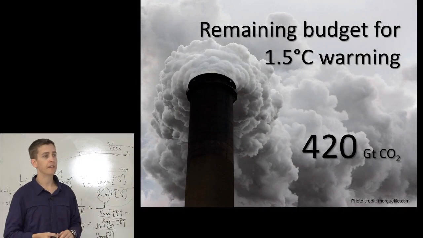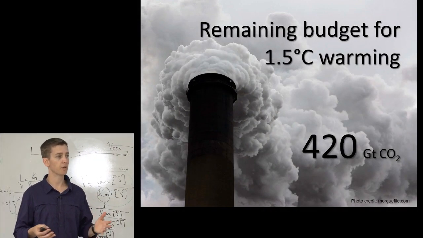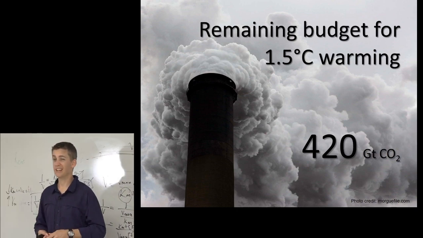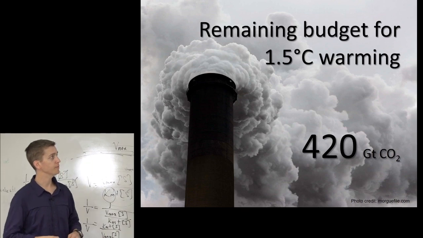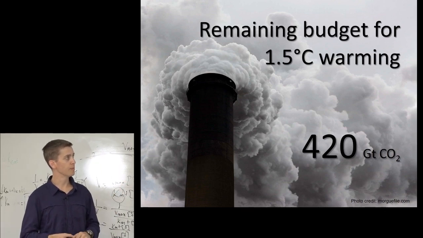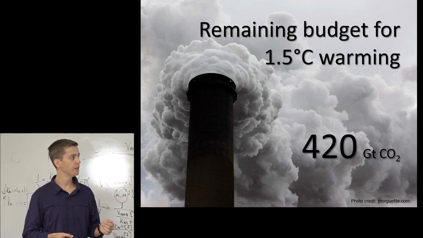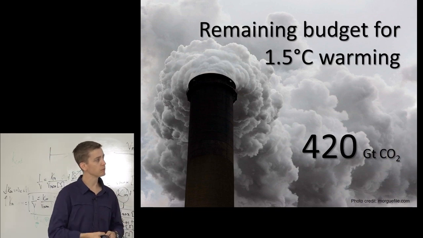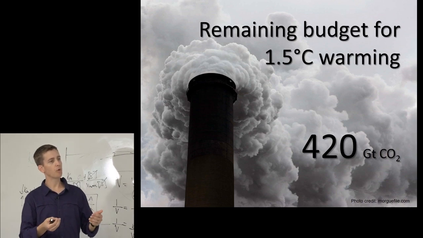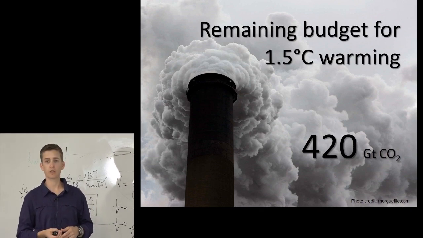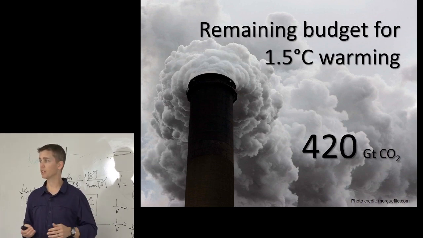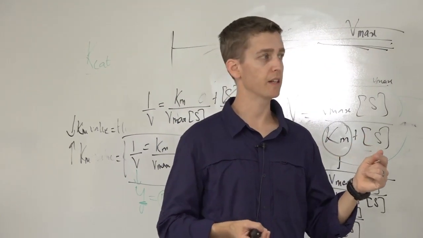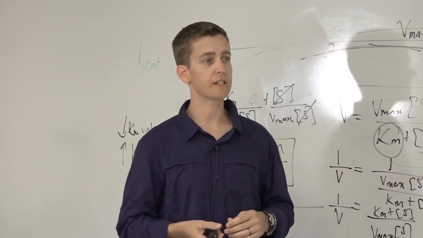That report had a lot of numbers in it that were summarizing a lot of science from people around the world. And those numbers are very troubling. So we have this goal of limiting warming to 1.5 degrees. And we can only emit about another 420 gigatons of CO2 before we have enough CO2 in the atmosphere to achieve that level of warming. It isn't necessarily going to happen immediately, but we'll have enough CO2 for that to happen.